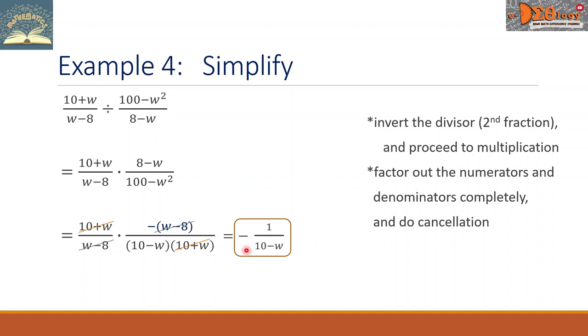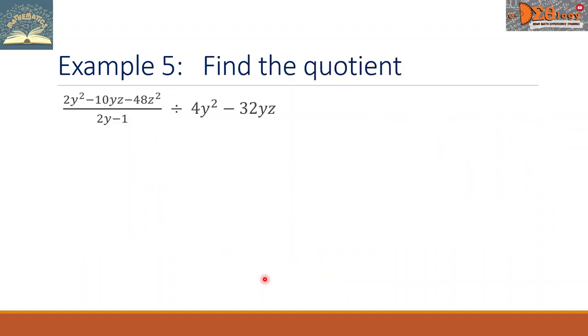In some books, they simplify this further into 1 over w minus 10. That means the negative sign here is put in effect in the denominator. Example 5. Find the quotient 2y squared minus 10yz minus 48z squared all over 2y minus 1 divided by the polynomial 4y squared minus 32yz.